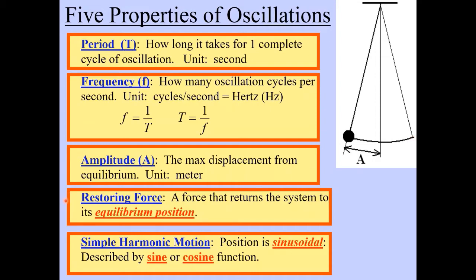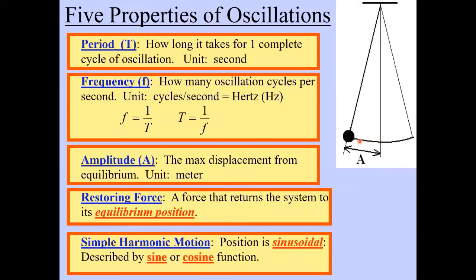The next property of all oscillations is that they all have a restoring force. And the restoring force, of course, is what makes the oscillator vibrate back and forth. So restoring force is a force that returns the system to its equilibrium position. We talked about several examples of this on the last slide.